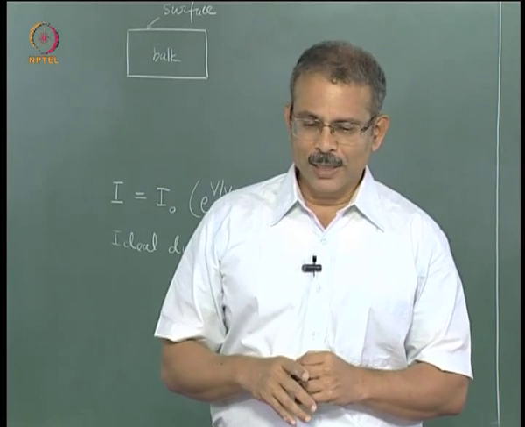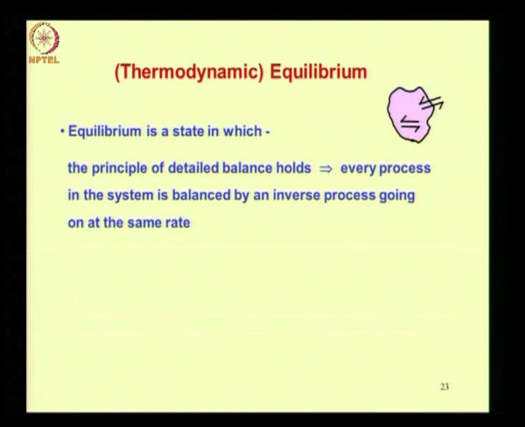So what is thermodynamic equilibrium, or equilibrium? It is a state in which the principle of detailed balance holds, implying every process in the system is balanced by an inverse process going on at the same rate. Now this definition is pictorially depicted in the diagram shown on the slide.